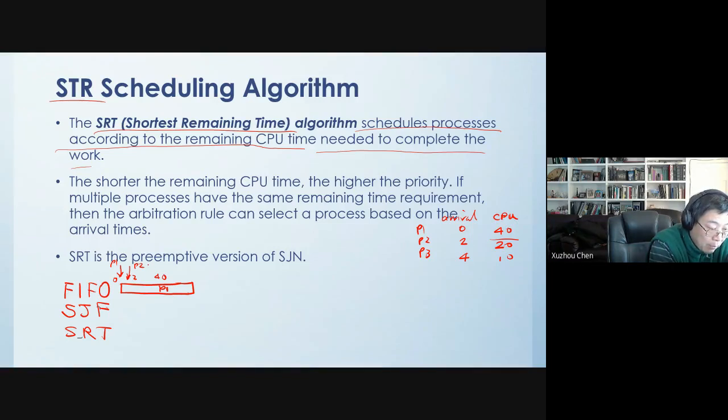And when process 3 arrives at time 4, process 3 also has to wait, until process 1 completes the job at time 40.